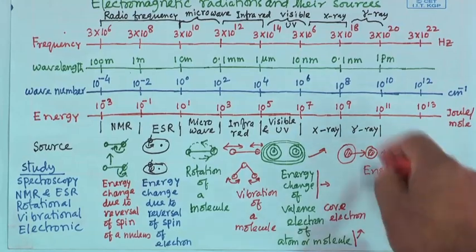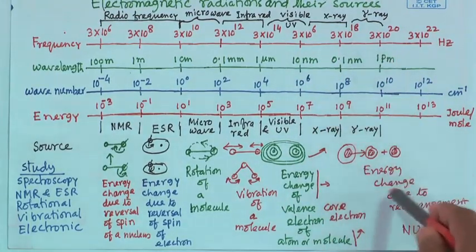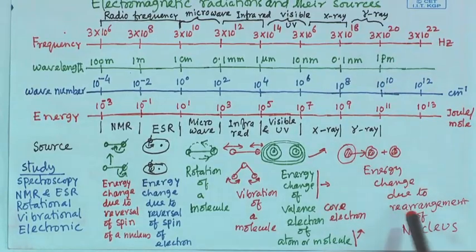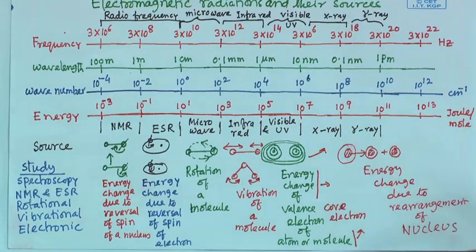And the source of gamma ray is the energy change due to the rearrangement of the nucleus. This is the nuclear phenomenon.